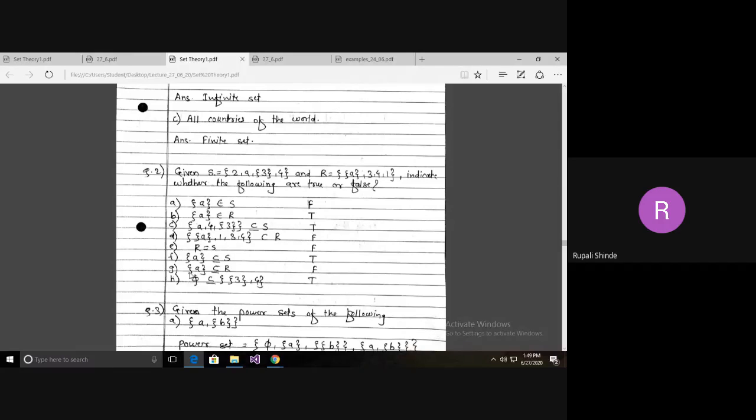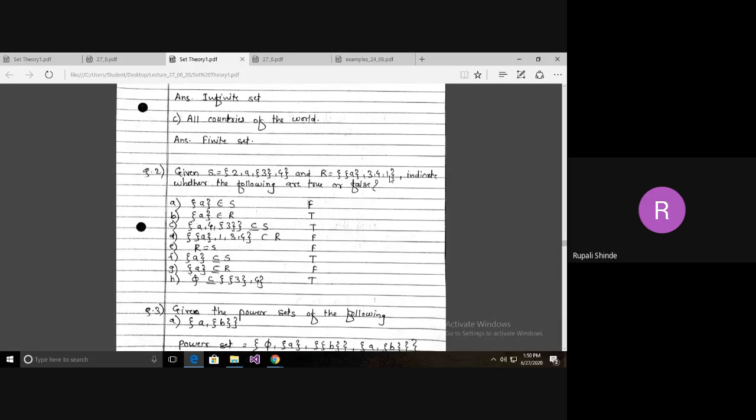But if you consider what we have written, set A is a subset of R. Now check, in order to find its subset, for each and every element of R we have to put brackets, like set of set A, set of 3, set of 4, set of 1.